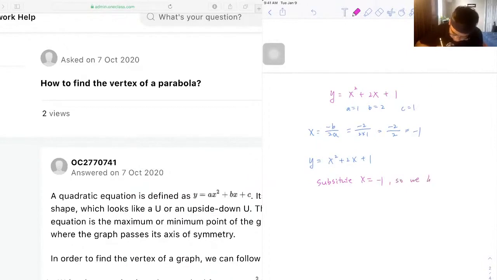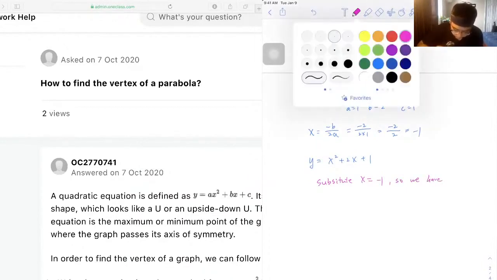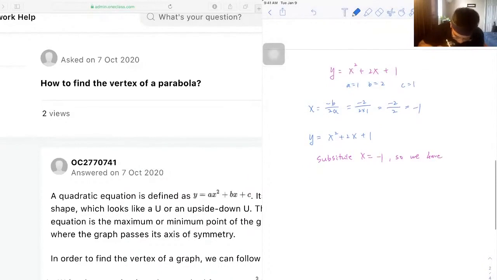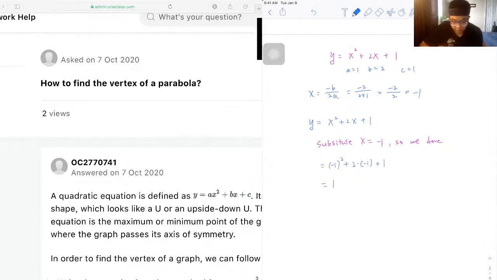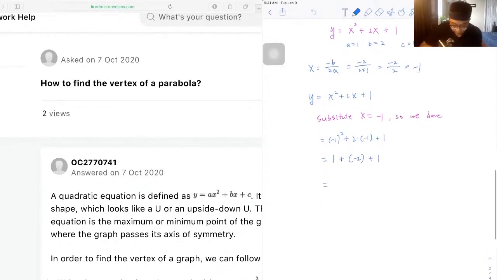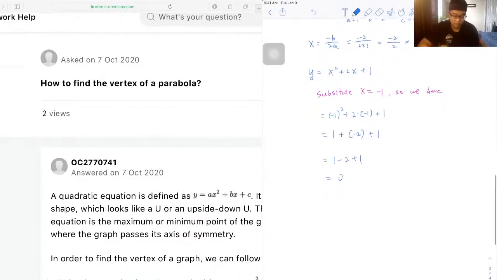So instead of writing x squared, we're writing negative 1 squared plus 2 times negative 1 plus 1. And negative 1 squared is just going to be 1, because negative 1 times negative 1 is equal to 1. And plus negative 1 times 2, which is negative 2, and plus 1 as is. And so we have 1 minus 2 plus 1, which gives us 0 as our answer.